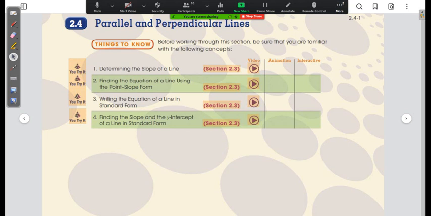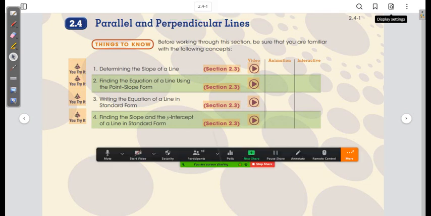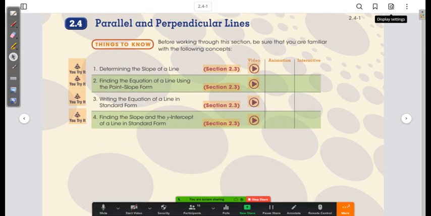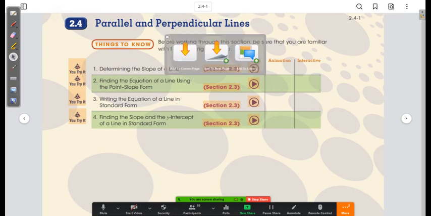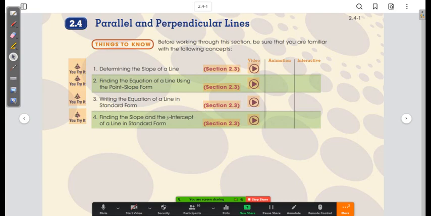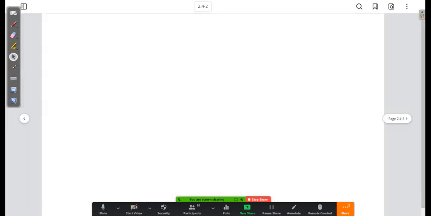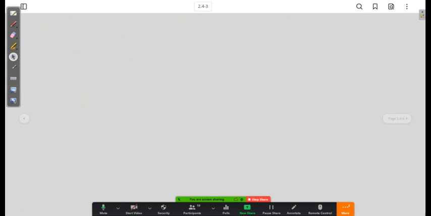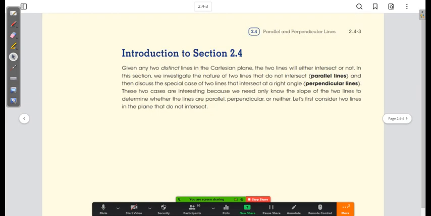And let's see, let's try to move this out of the way. Funny enough, I have a cousin.